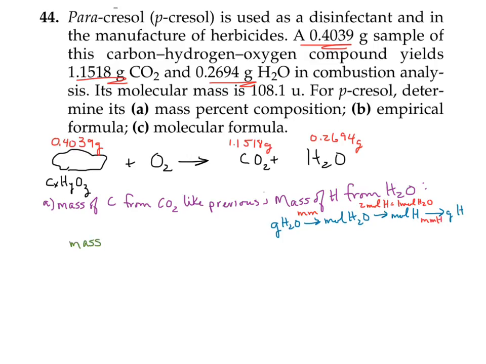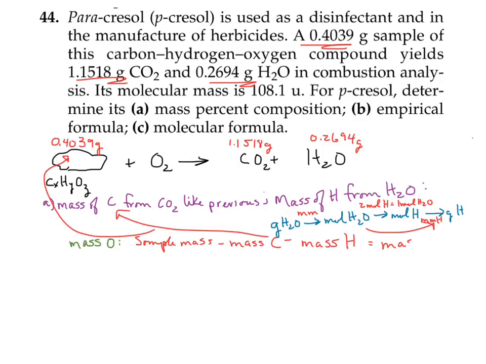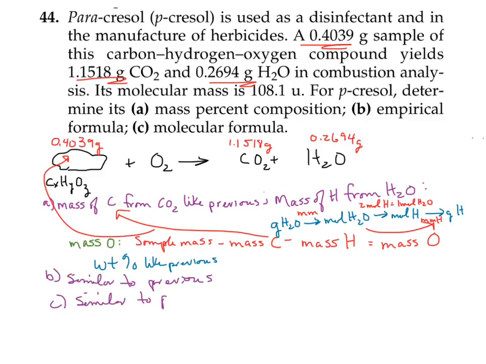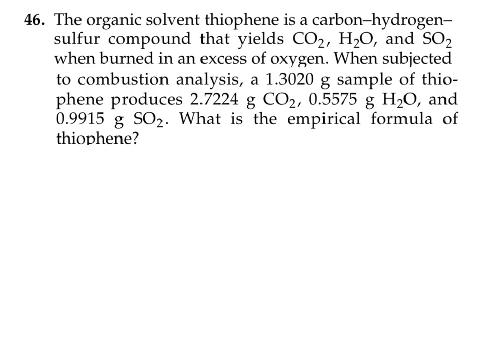It should be similar to the other, except you're going to have to get your mass of oxygen by taking your sample mass and subtracting your carbon and hydrogen to get your oxygen. Similar to previous. All sorts of fun and games.